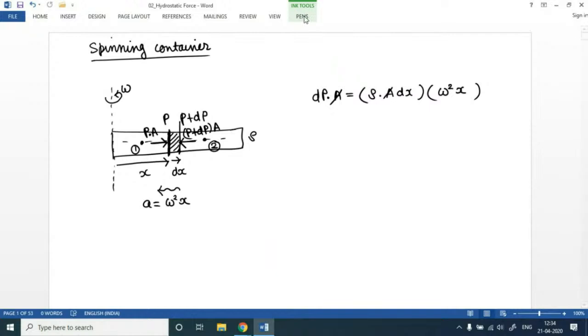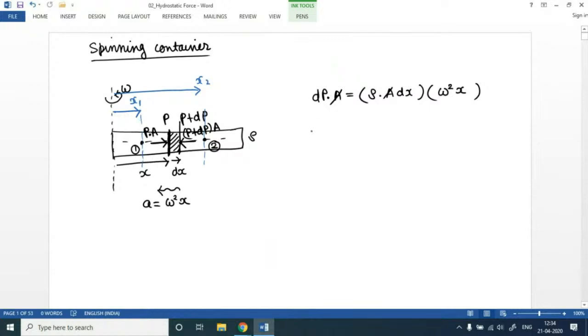If we wish to find the pressure difference between point 1 and 2, the lower limit is x1 and the upper limit is x2. x1 is the distance of point 1 from the axis, and x2 is the distance of point 2 from the axis.